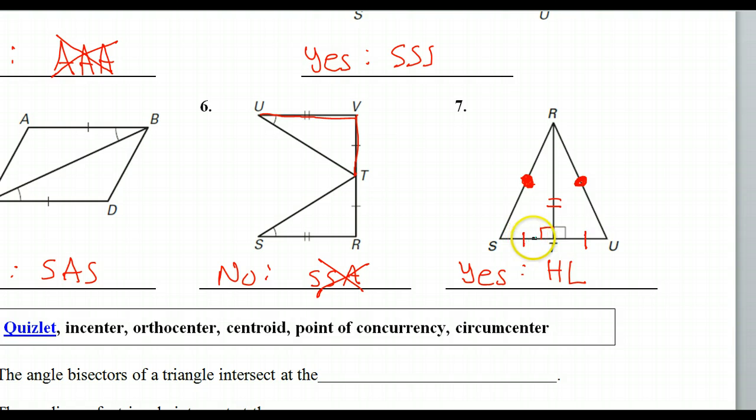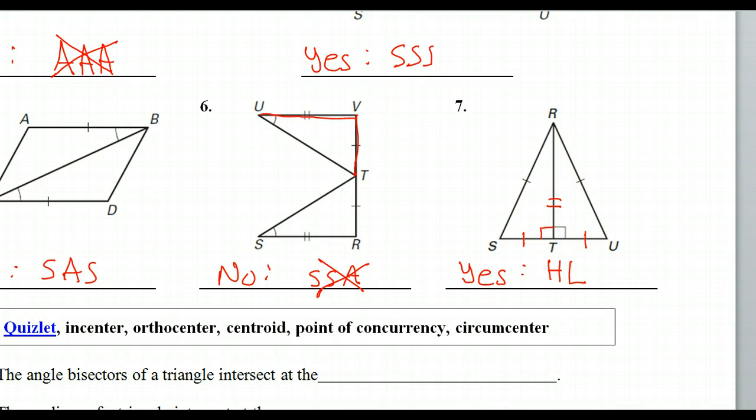Well, this would be a leg and a leg. There is no leg-leg theorem. You have to be given the hypotenuse and a leg. So that would still be a no, even though it's a right triangle, unless you're given the hypotenuse. So just watch out for that.